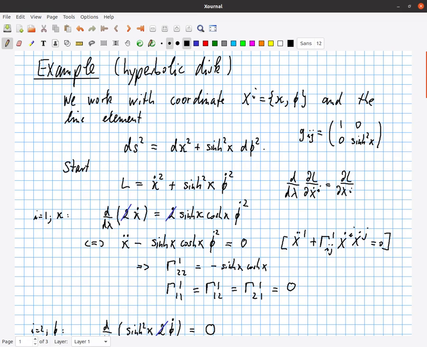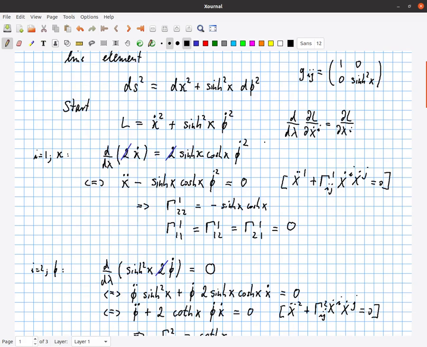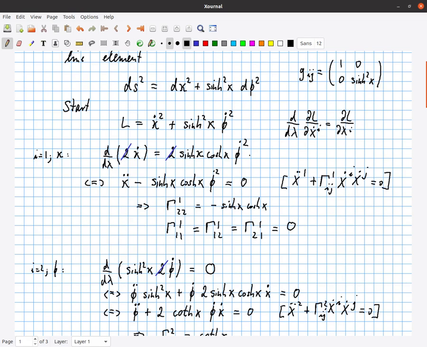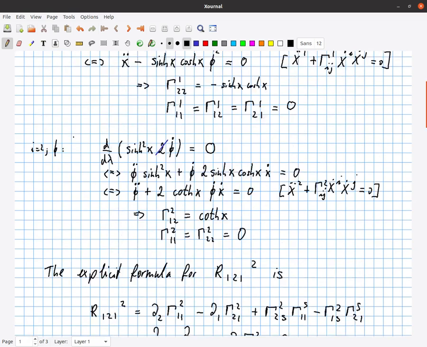And the purpose of this example was really to show you explicitly what to do. For me personally, it is most efficient to find the Christoffel symbol components using the Euler-Lagrange equations, which follow from the Lagrangian induced by the line element, shall we say.